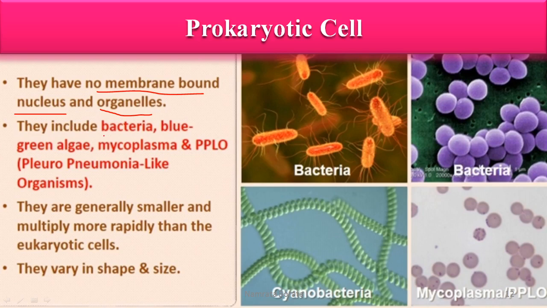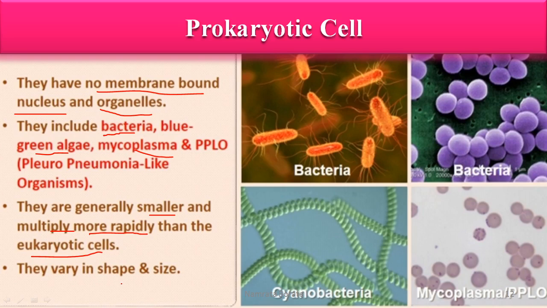This prokaryotic cell includes the bacteria, blue green algae, mycoplasma, then the pleuropneumonia like organism, that is PPLO. They are generally smaller and multiply more rapidly than the eukaryotic cell.